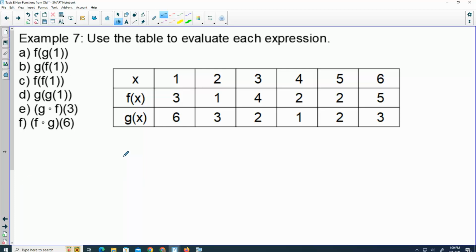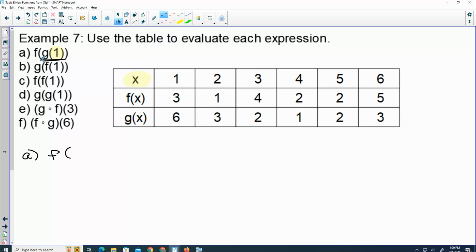I want to use a table to find our compositions. So this first one, f of g of 1, represents what? G isn't 1. What's 1? That's my x. So that's saying we start on the inside.